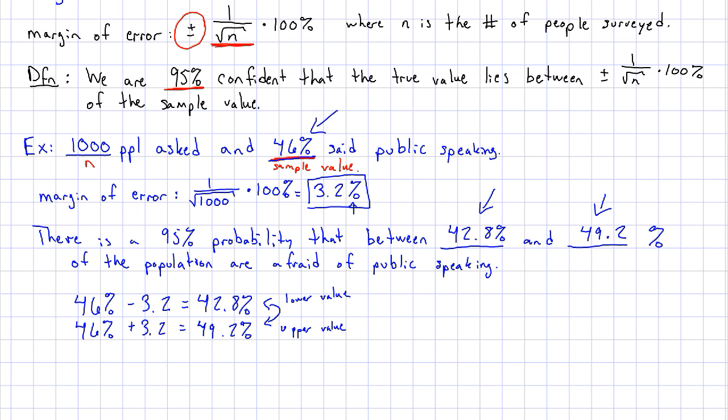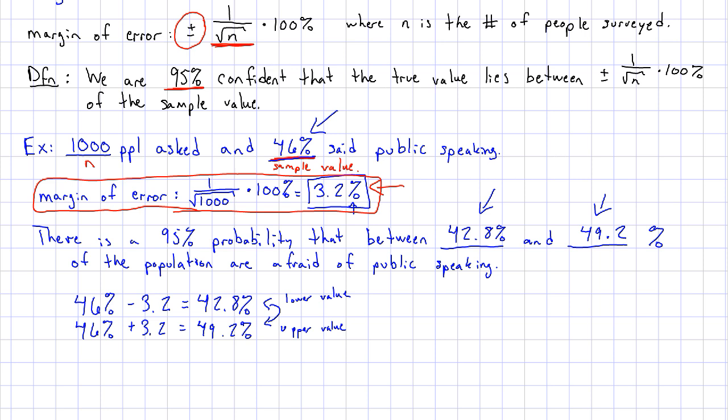So my sample, 46% said they were afraid. I asked 1,000 people. So I expect I'm going to be off. If I'm talking about all of America, which is 330 million people, and I only asked 1,000 people, I can't be 100% accurate. That's what this 3.2% helps me to represent. 1,000 people is a drop in the bucket compared to 330 million. So I have some margin of error.